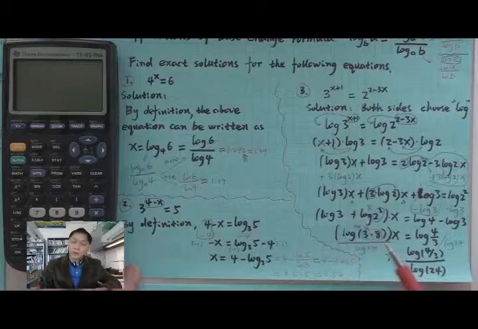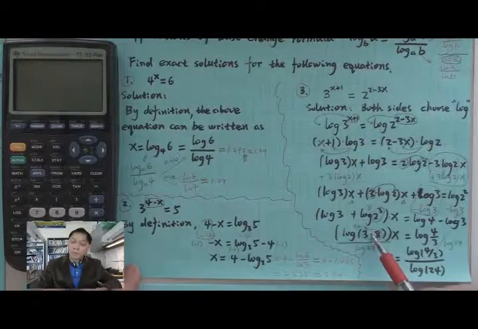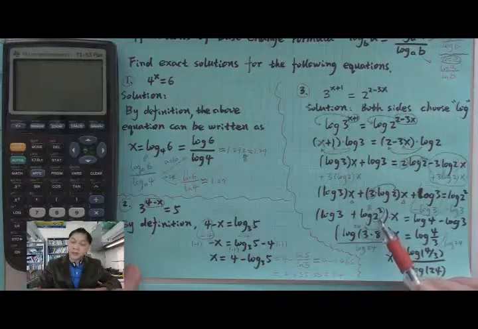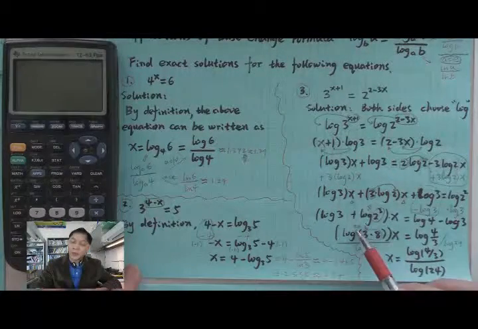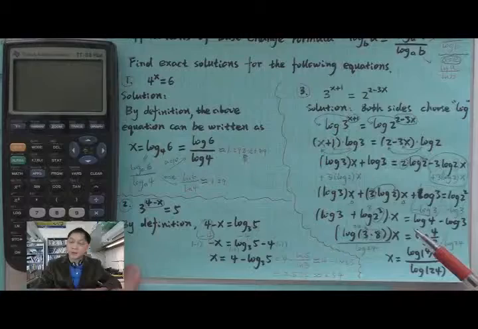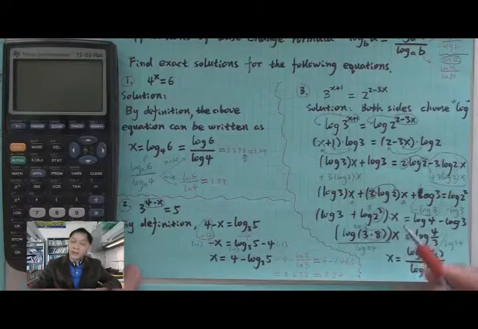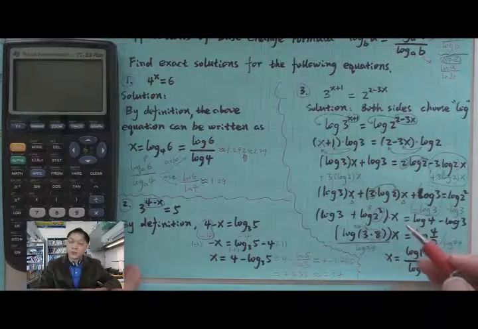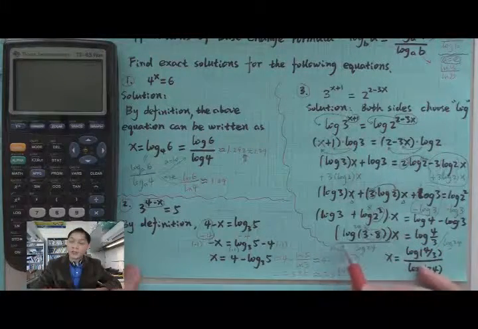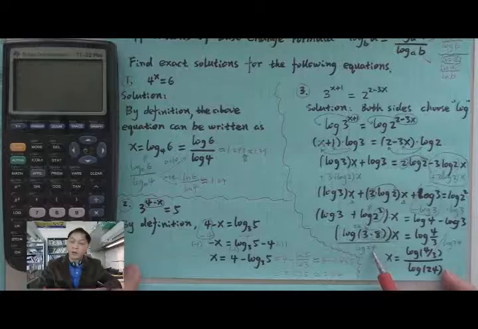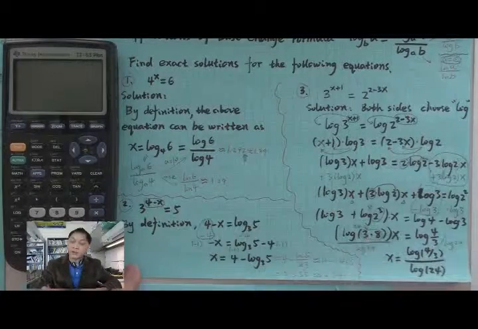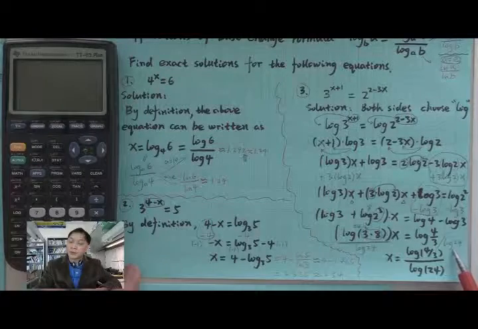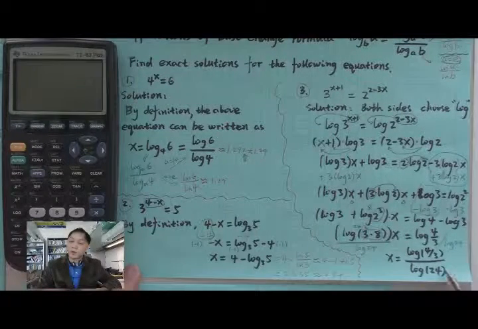Here is plus, so then you have a multiplication: 3 times 8, which gives you 24. Again, this is a multiplication relationship, so you divide both sides by log 24, because 3 times 8 is 24.